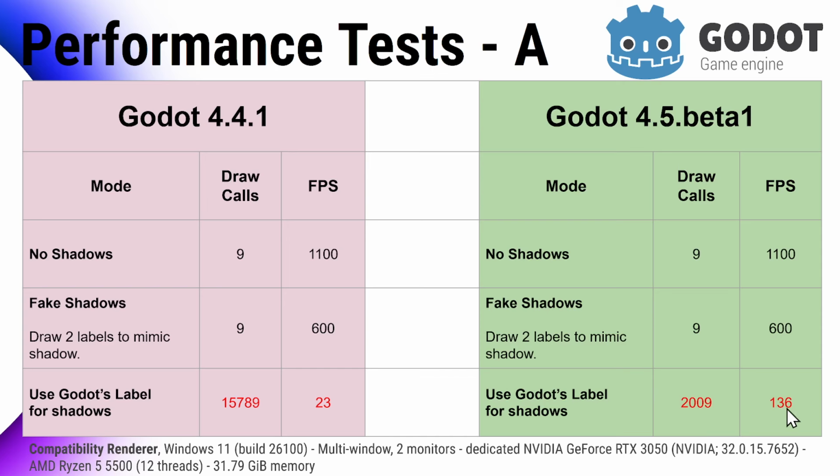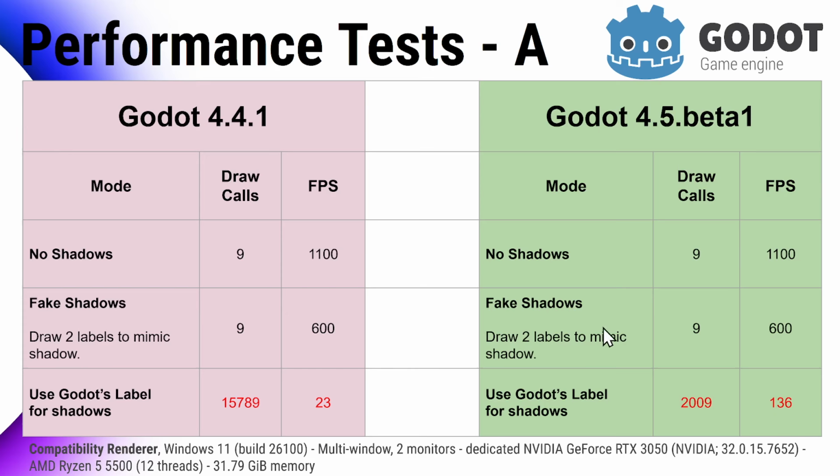And its performance has gone, let's say, 6 to 7 times up, right? Which is good, but it's still 4 to 5 times slower than just doing your own fake shadows using draw. Like it's actually better to draw the label twice and do your shadows than the fix. Think about that.